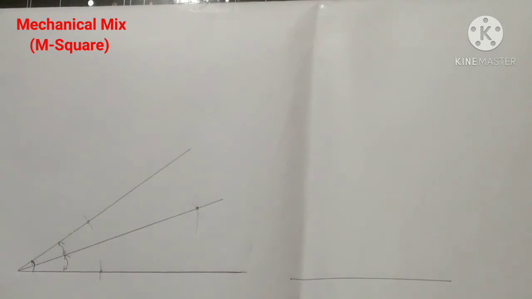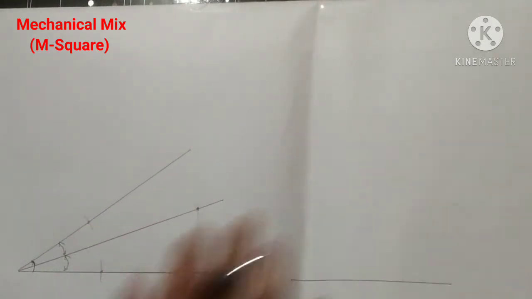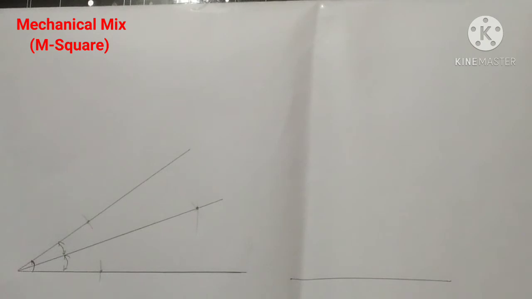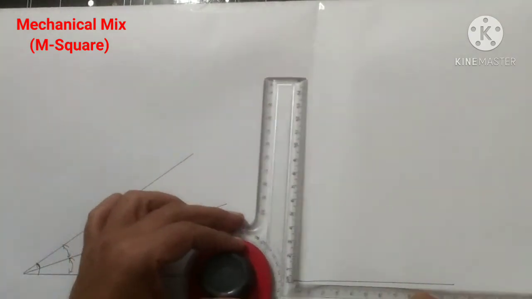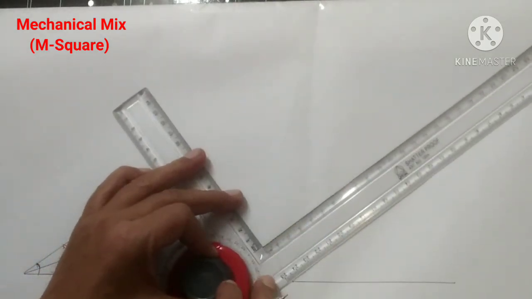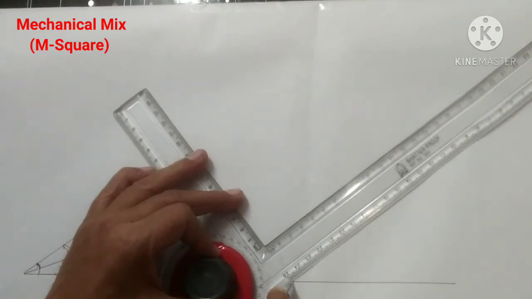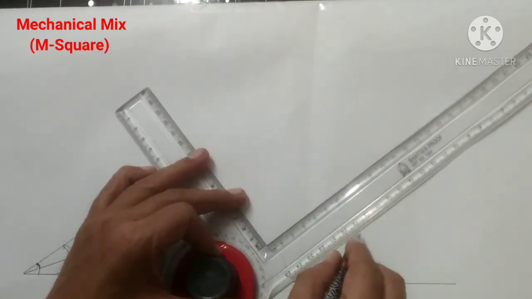Okay, in the next case, I am interested to divide this line into equal parts, whatever it may be. I want 5 equal parts. So I am taking some angle, whatever it may be, choose by your own, and draw a straight line from here to here.